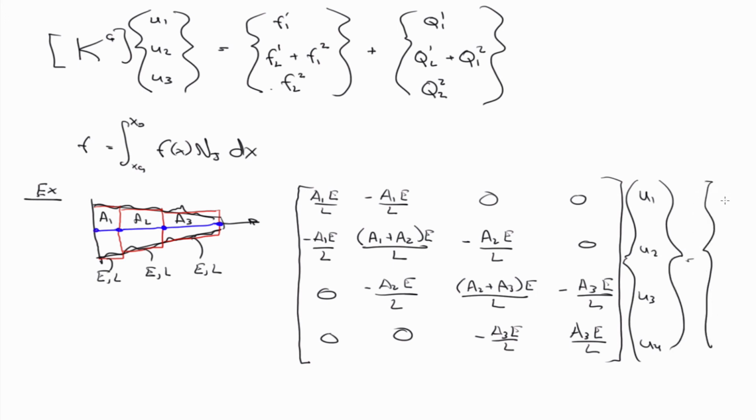And what's our right-hand side vector then? 0, 0, 0, P.